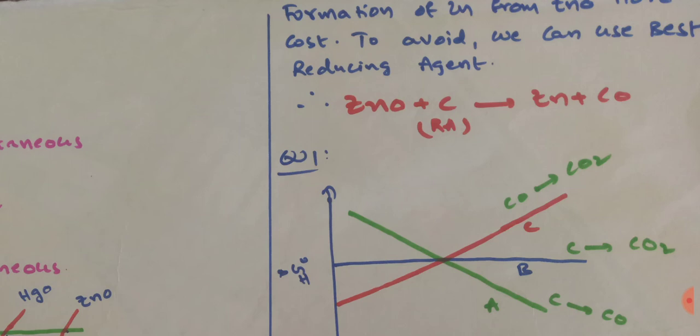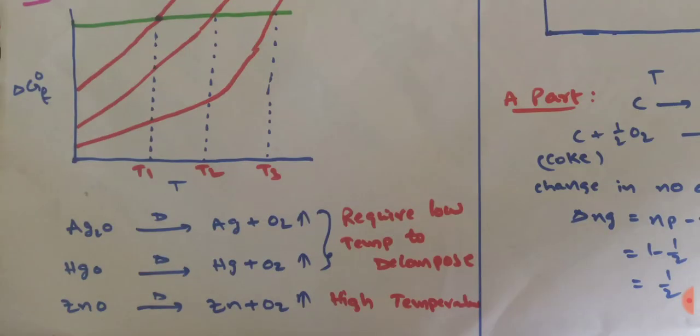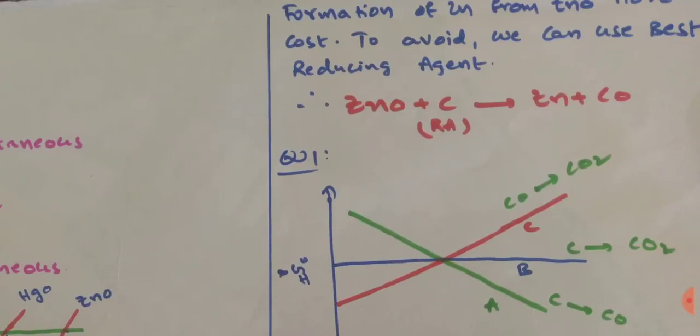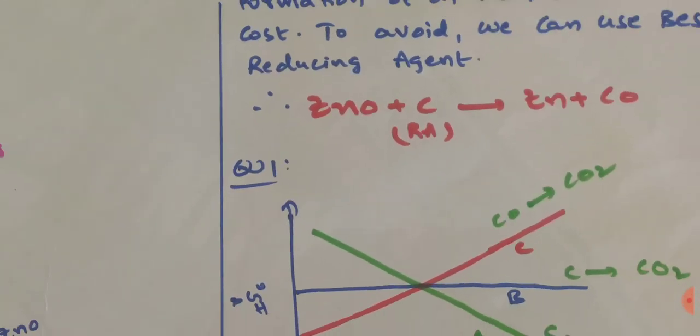The best reducing agent is coke. So zinc oxide is decomposed by using coke. In this reaction, zinc oxide reacts with coke. By the addition of coke, zinc oxide is easily decomposed to form zinc and carbon monoxide. Here the coke is called the reducing agent.